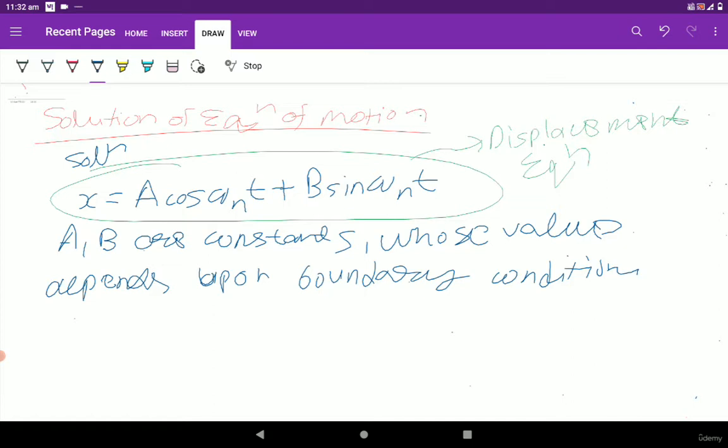Let A equal to X sine phi and B equal to X cos phi.